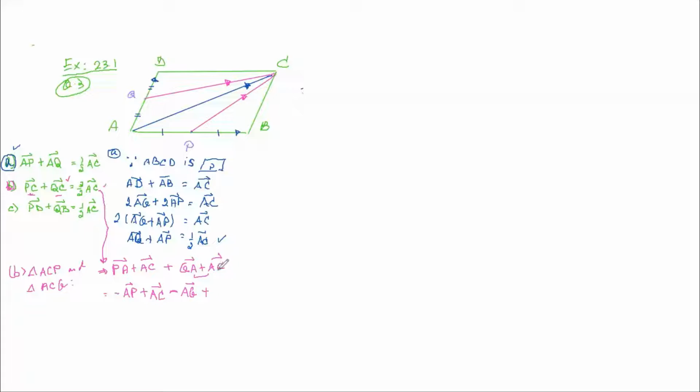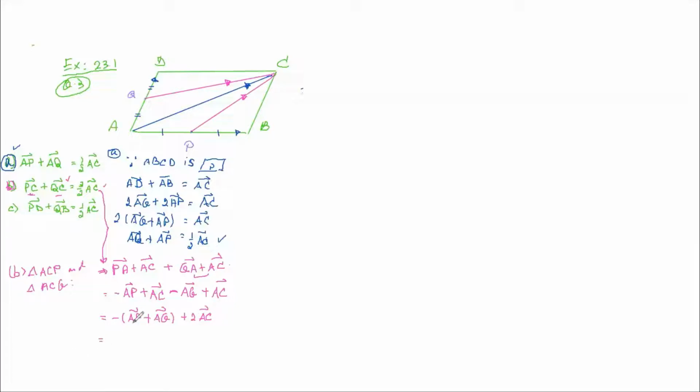Plus AC, this one, plus AC. We don't change it because we want AC. Now, negative AP, negative AQ. So we take a common factor of negative out, right? Minus vector AP plus AQ. And then AC plus AC becomes 2AC.